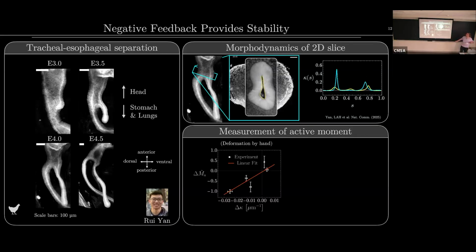And then to connect to the model that I was talking about before, Ray cut this epithelium ring at some point and then deformed it by hand, measuring the concentration of actomyosin before and after the deformation. And then you get this relationship where as you decrease the concentration, the active moment that you compute from the measured actomyosin reduces as well.